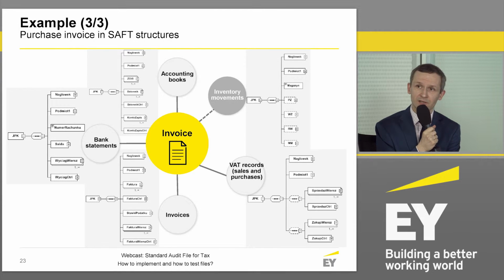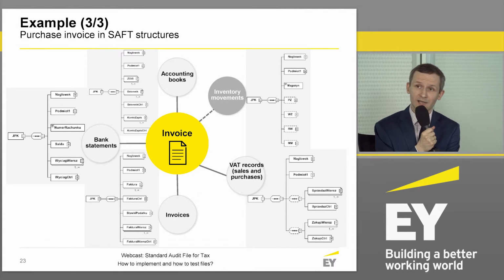And in terms of testing, you have seen just one part of the invoice representation in the accounting system, I mean booking entries, but this particular invoice could also be seen in bank statements, in the file dedicated for invoices, in VAT records, and if it were an invoice for goods received, it would also be reflected in inventory movement.